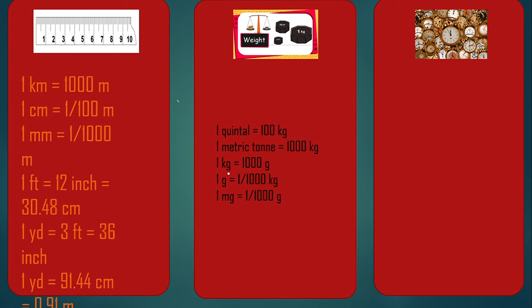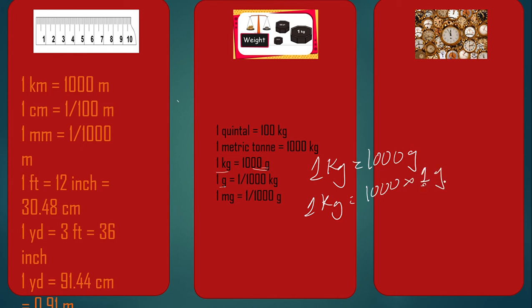1 kilogram is 1000 grams, so 1 gram would be how much? 1 kilogram is equal to 1000 gram. This equation can be written as 1000 into 1 gram.